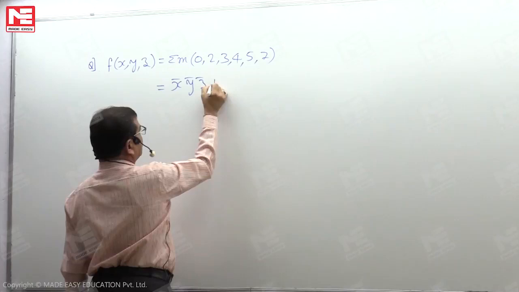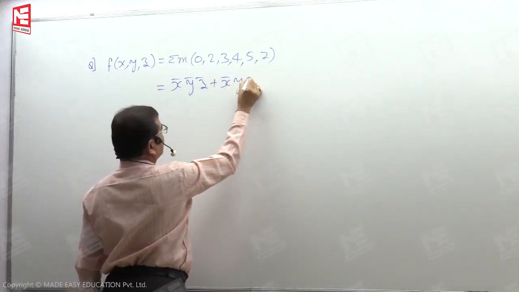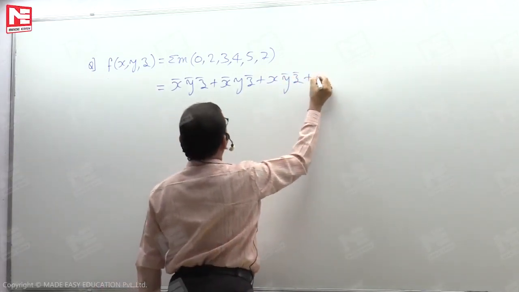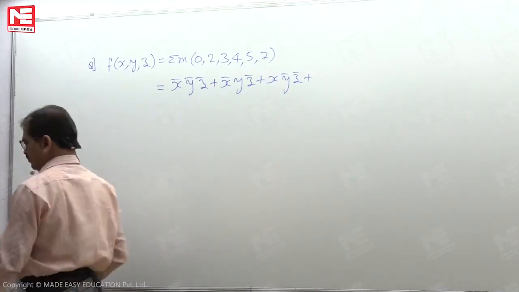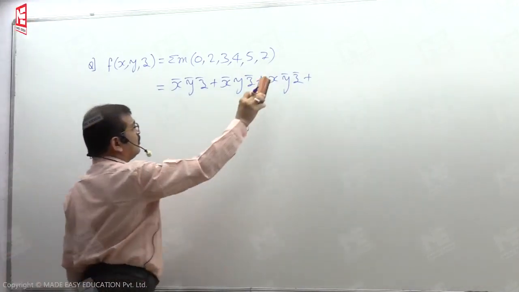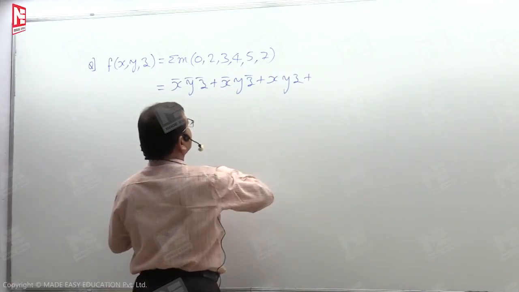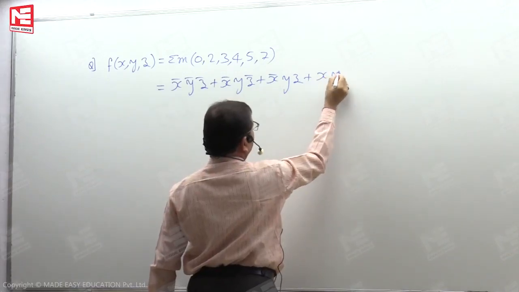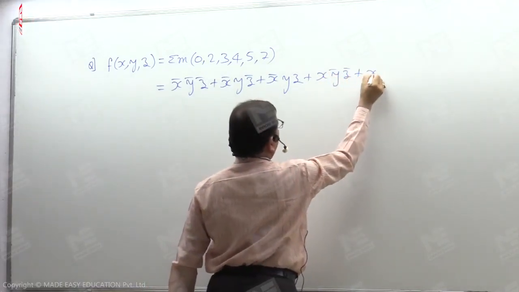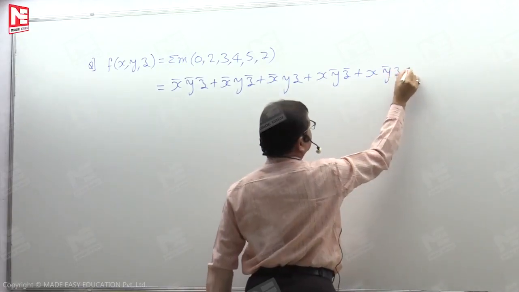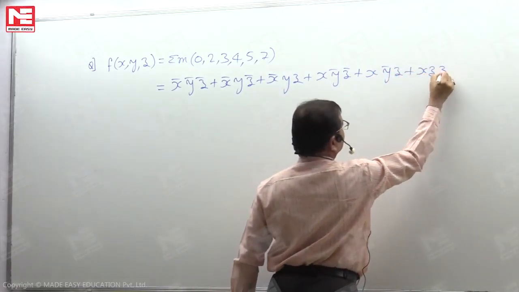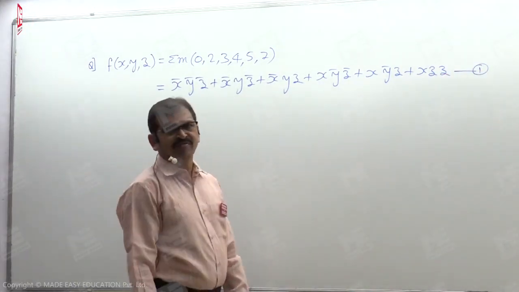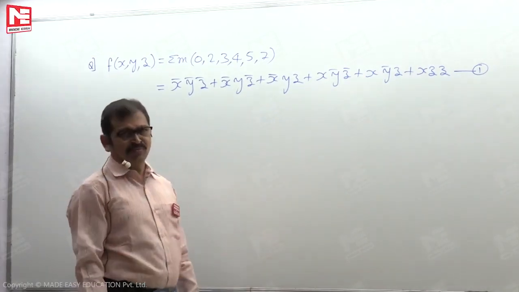Like this, we must read the other products: x complement y, z complement; x complement y, z for minterm 3; next minterm 4, x, y complement, z complement; next product x, y complement, z; the last product x, y, z. So this is the expanded canonical SOP form for the function given in the compact canonical SOP form.